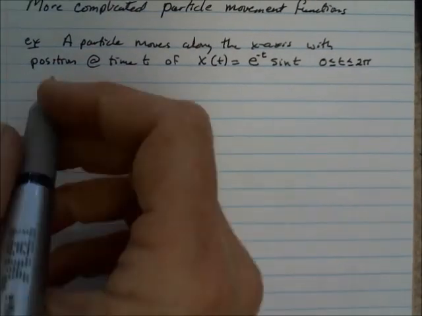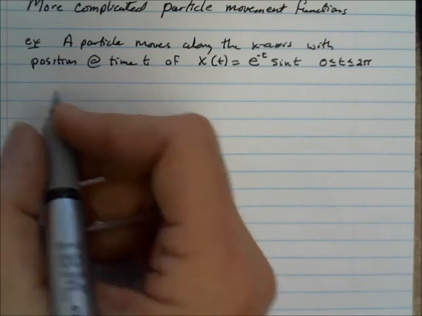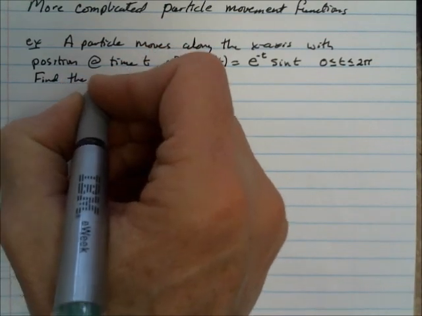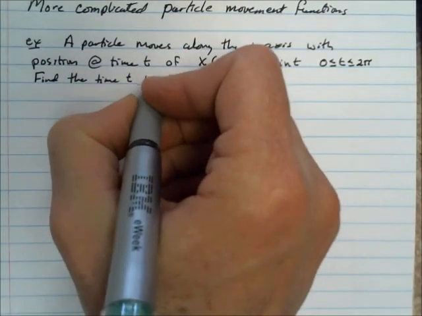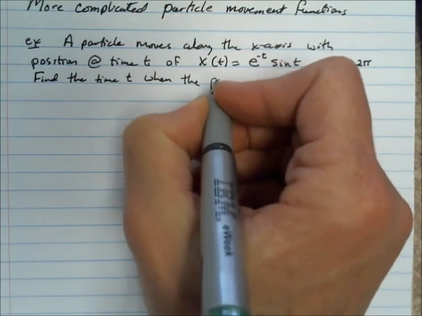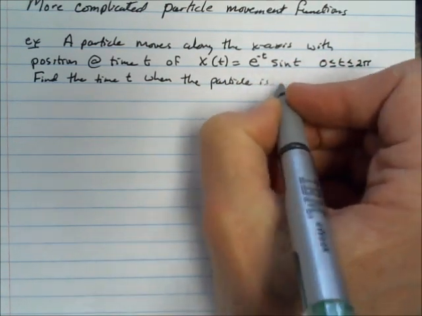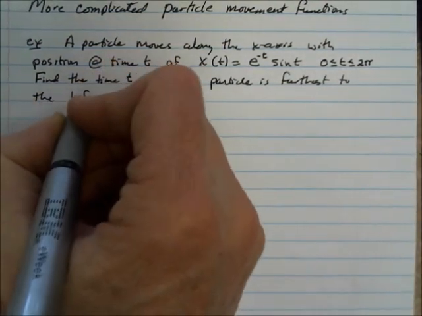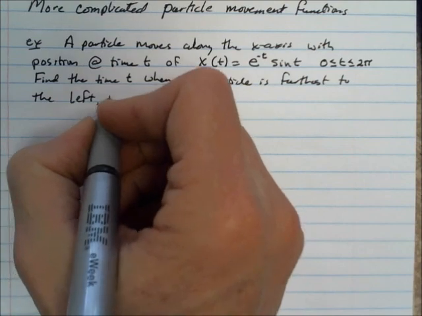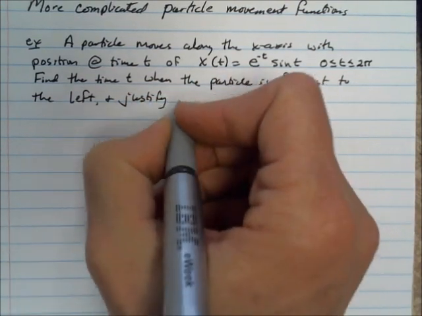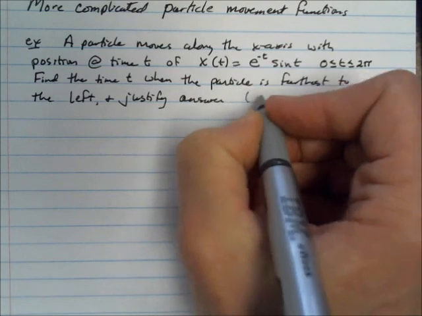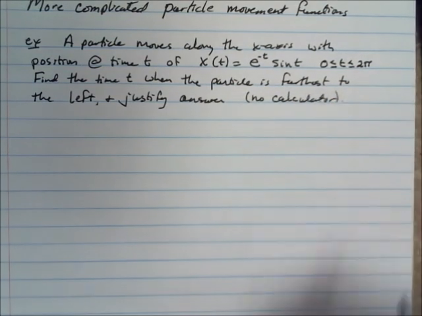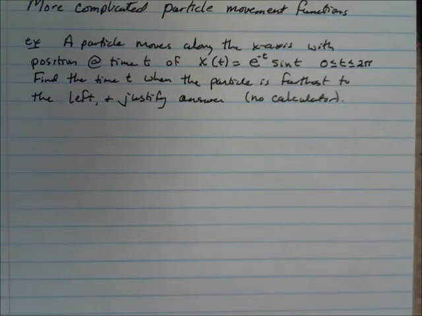So what we're going to do here is find the time where the particle is farthest to the left, and we're going to justify our answer. And this is a no calculator question. This actually came off an old AP exam.